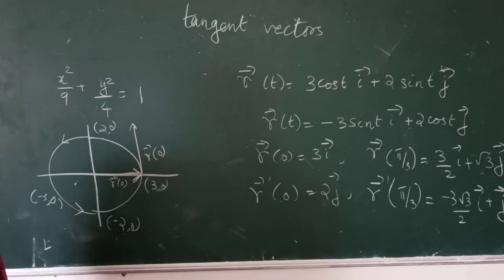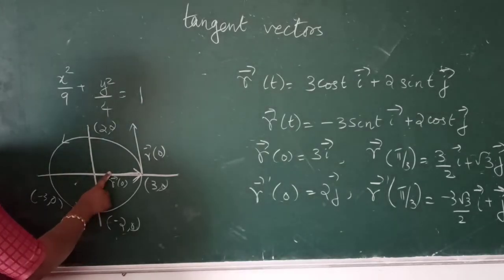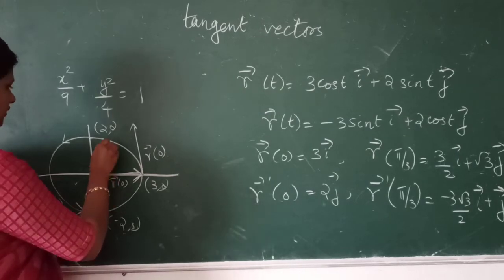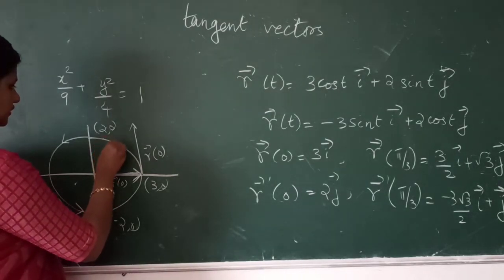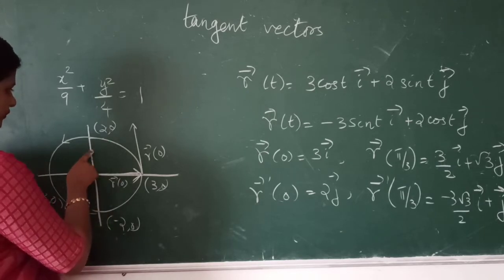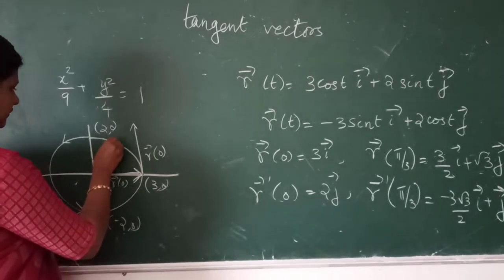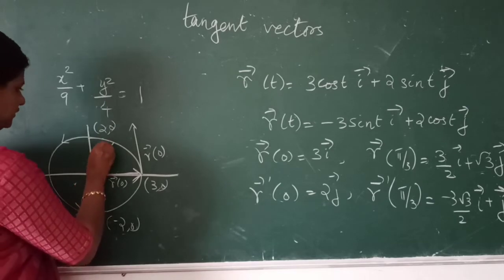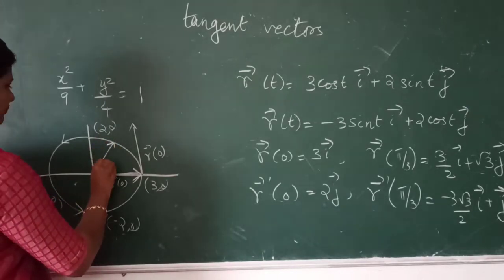Now we want to mark r of pi by 3, that is equal to 3 by 2 i plus root 3 j. So here 3 by 2 is going at root 3, 1. So this is our vector here. So r of pi by 3 is this.